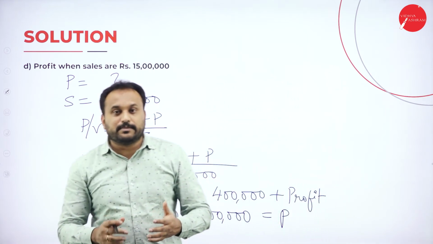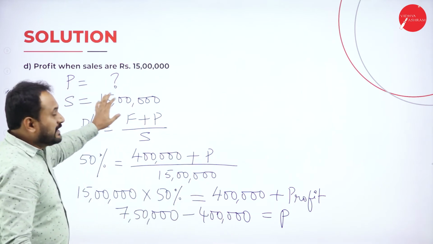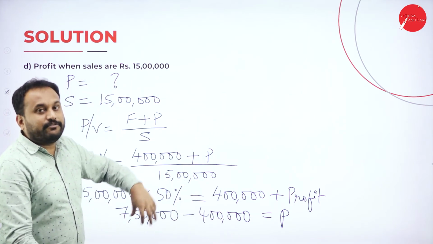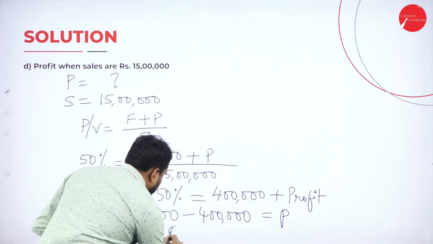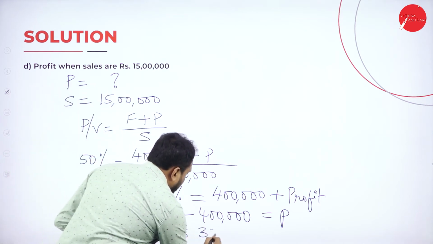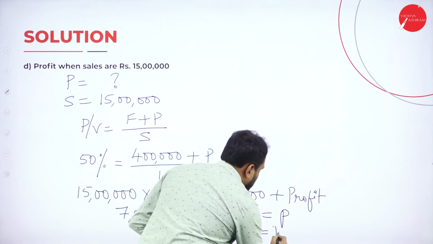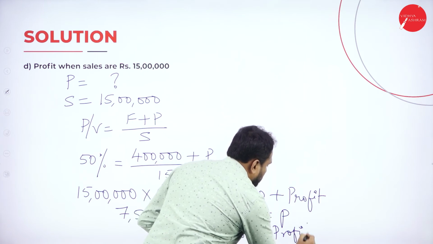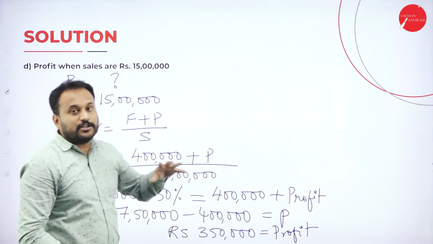So for every 15 lakh rupees sale, the profit will be 3 lakh 50,000. So we'll write here rupees 3 lakh 50,000 is equal to profit. So we have done with the next question, that is D also.